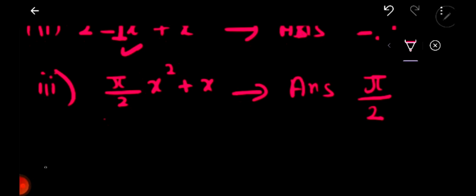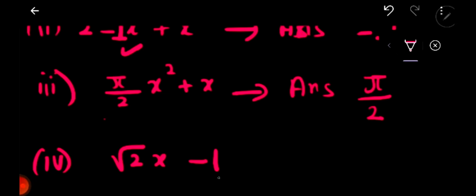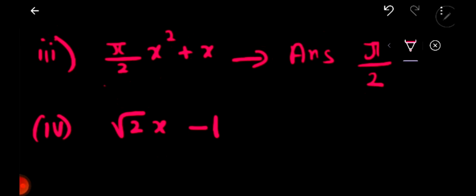And the fourth one, square root of 2 x minus 1. So here check whether the x squared part is there or not. The x squared term is not there. So we can rewrite this expression as 0x squared plus square root 2 x minus 1.